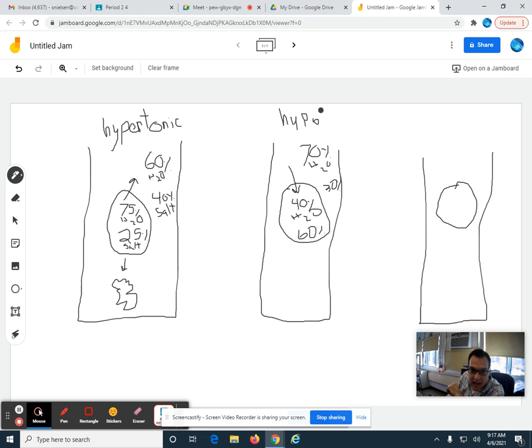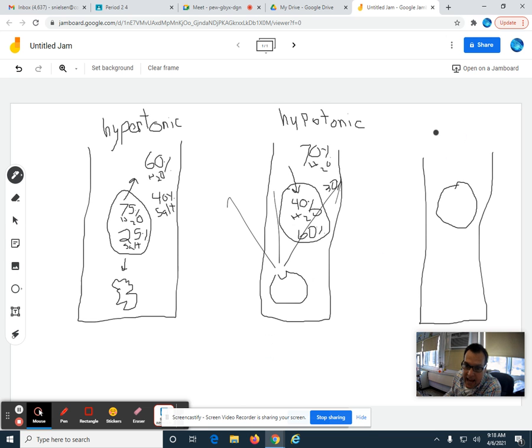And when you have a hypotonic situation, the cell will what, everyone? The cell will swell. And I can't really draw a swell that well. That rhymes. But I'll draw this little hole because the cell will burst and the water will go out of it if it swells too much.